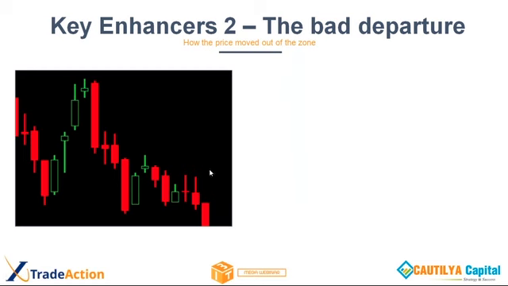So what I am trying to say is, the price stopped here and there was a strong momentum candle. And immediately there was a gap up. The gap up is also a momentum candle.